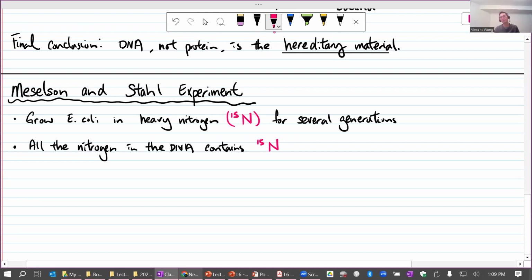Most of the nitrogen, okay? It's pretty much all. To keep it simple, just think that's the only thing that's available. To make new DNA, they need to incorporate nitrogen, right? If you only give them heavy nitrogen, that's the only thing they could put in their DNA. And after several generations, all their DNA will be heavy nitrogen, heavy DNA.